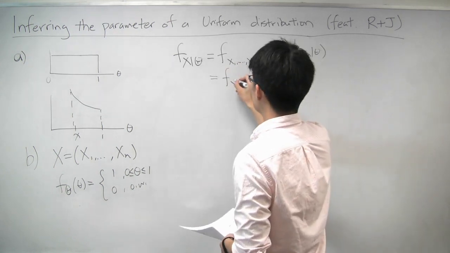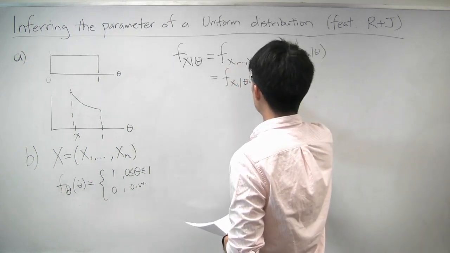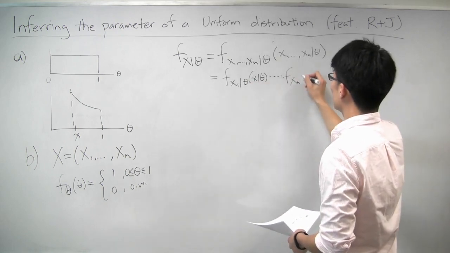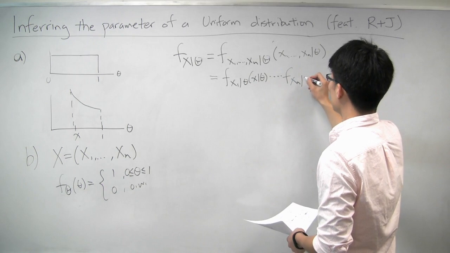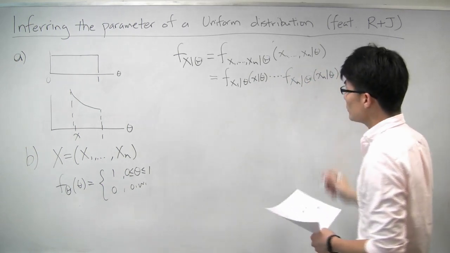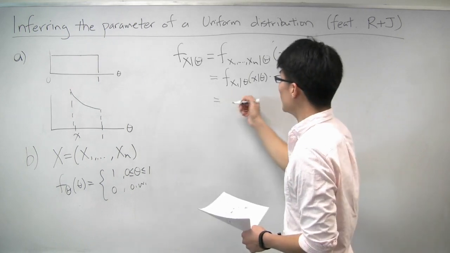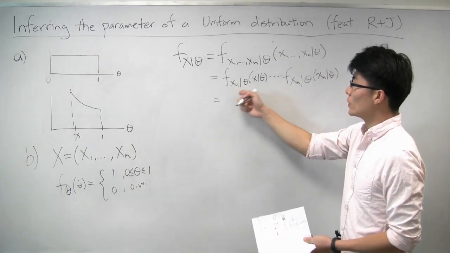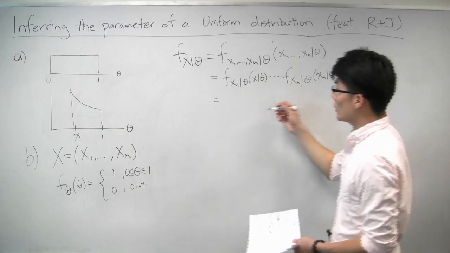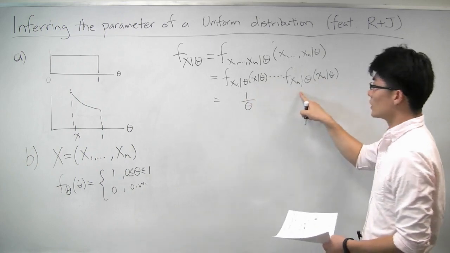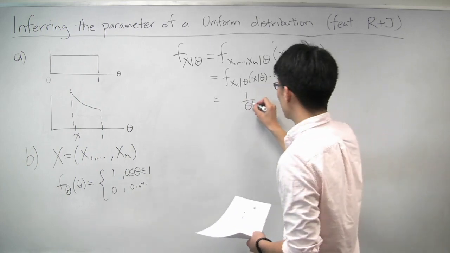So this we can rewrite as the PDF of x1 given theta, times all the way through the conditional PDF of xn given theta. And because each one of these is uniformly distributed between 0 and theta, they're all the same. So in fact, what we get is 1 over theta for each one of these, and there's n of them, so it's 1 over theta to the n.